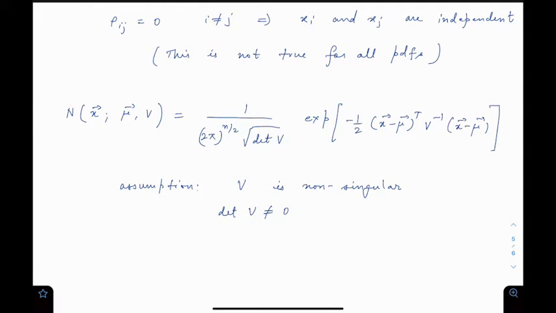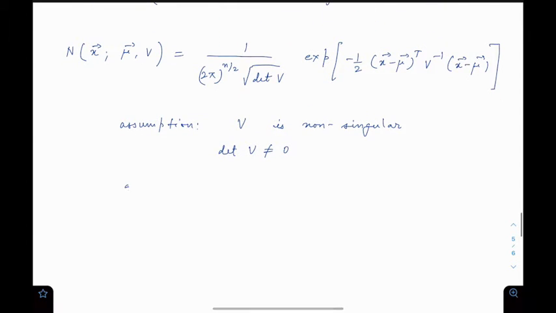If V is singular, that would imply 2 of the xi are completely correlated, which basically means mod of rho ij equals 1.